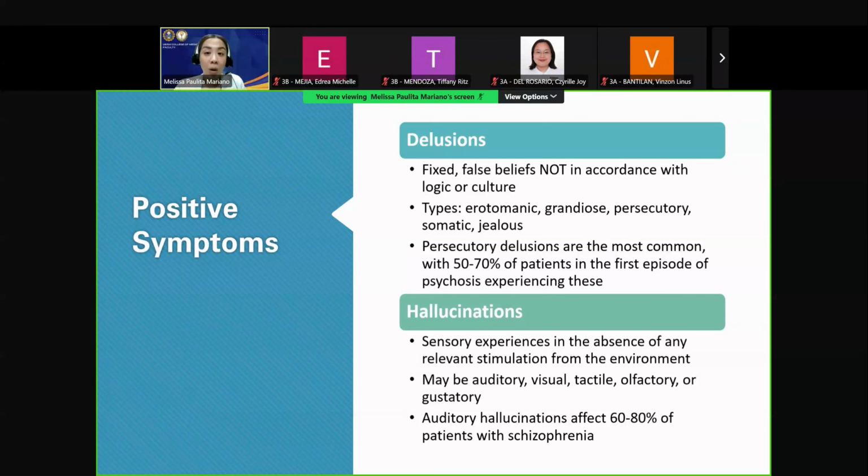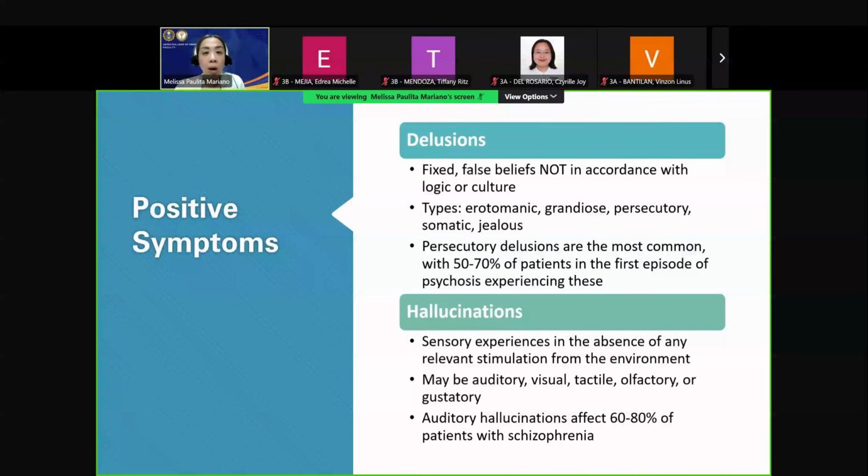There are 5 types of delusions. Erotomanic is the belief that someone really famous, really well known, is desperately in love with you, despite evidence to the contrary. Grandiose delusions are when a person feels that he has superpowers or an indiscriminate amount of riches or wealth or positions that he doesn't really have. Persecutory, as I mentioned earlier, is the belief that someone is out to get them or persecute them.